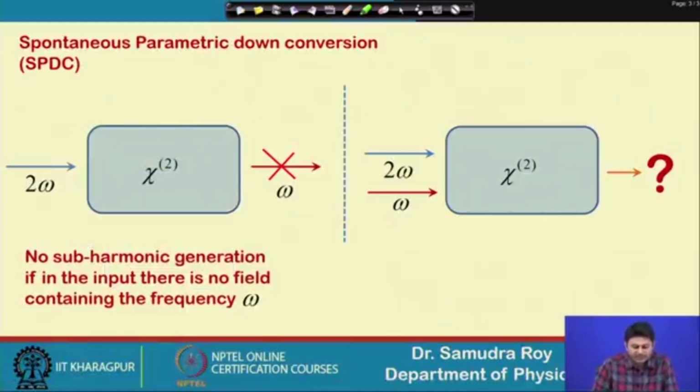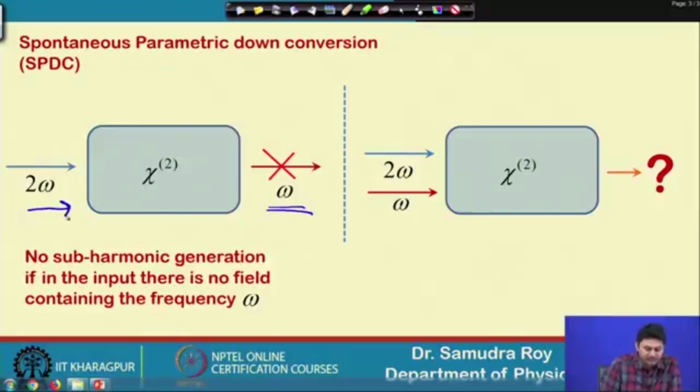And the question was about 2 omega. If I launch 2 omega, last day we showed with the help of mathematical calculation that the omega, that means the subharmonic, is not going to be generated unless we launch some kind of initial wave here.